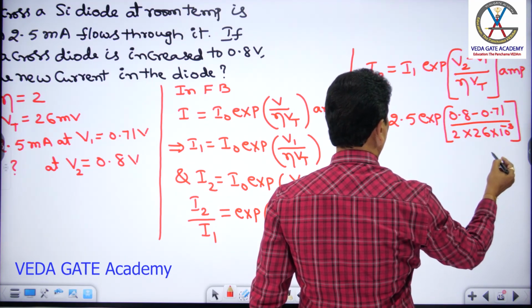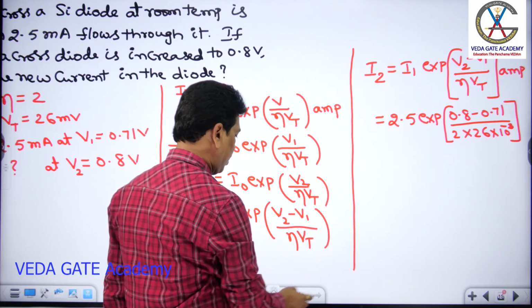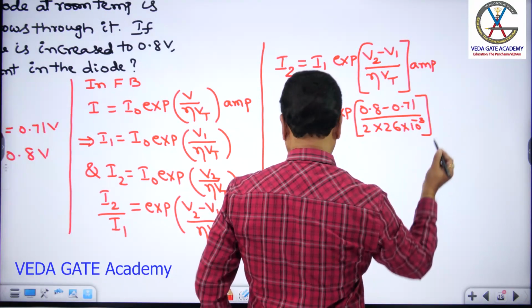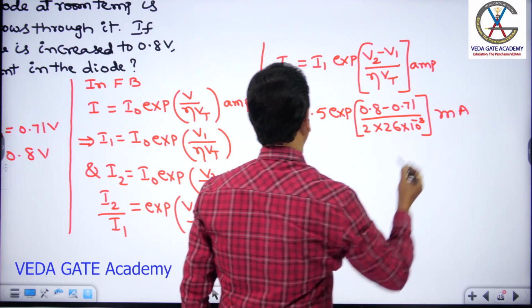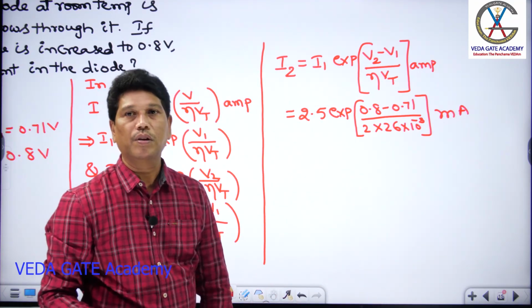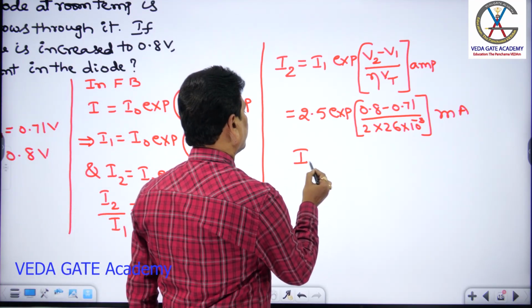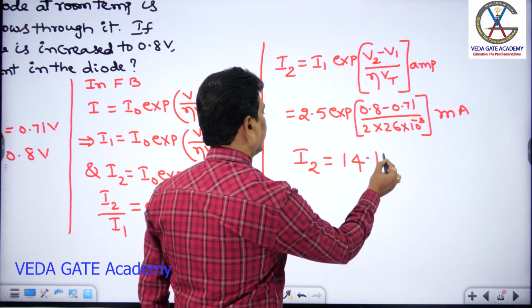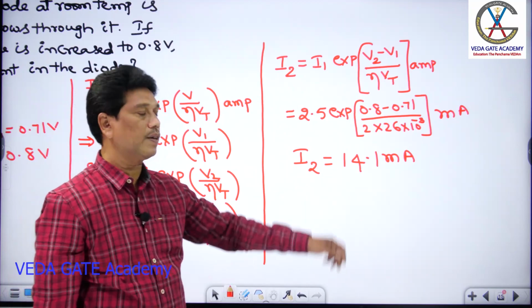The result should be in milliampere. If I calculate that, the corresponding current becomes around 14.1 milliampere. So this is the current at a forward voltage of 0.8 volt.